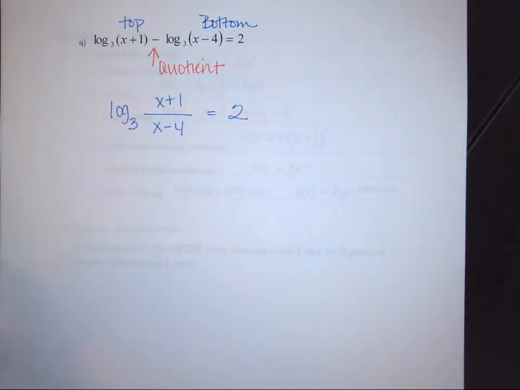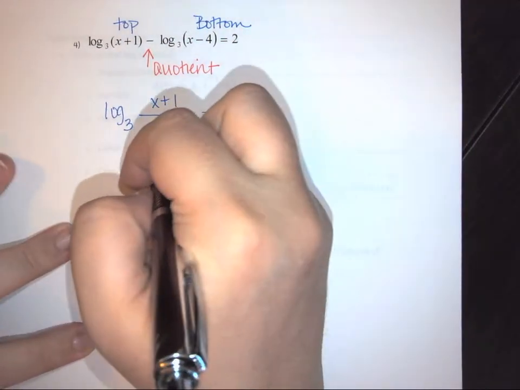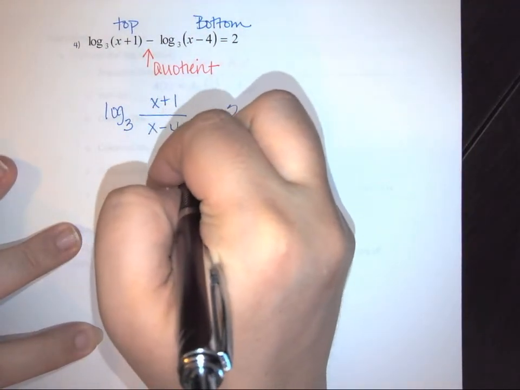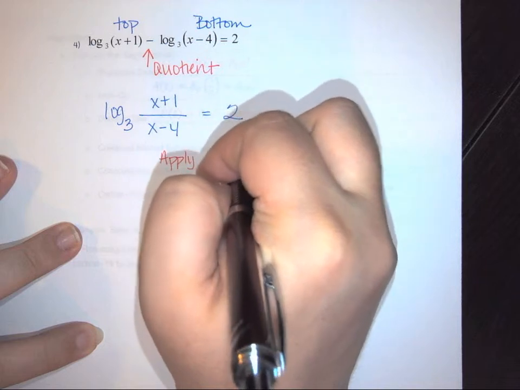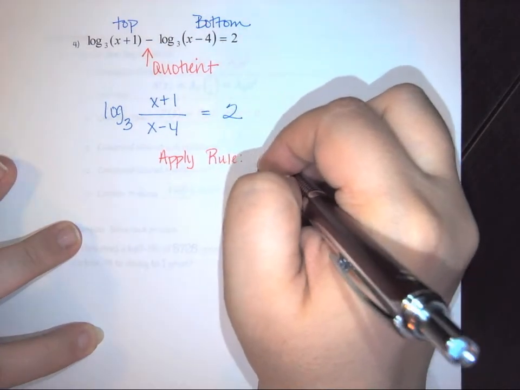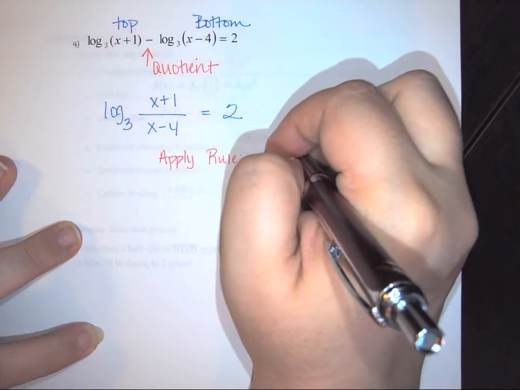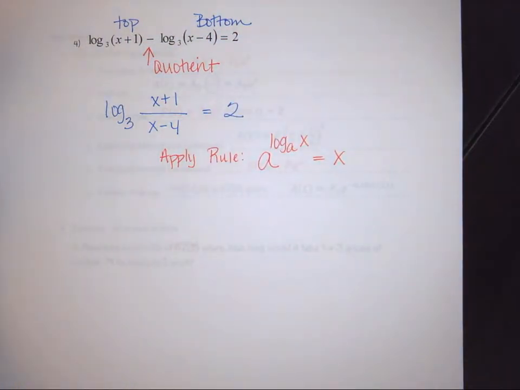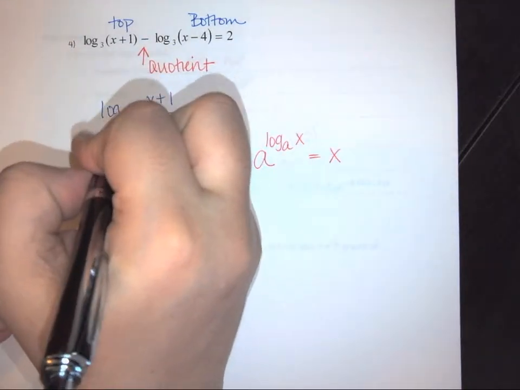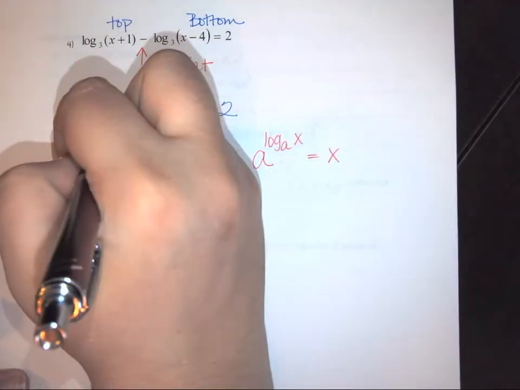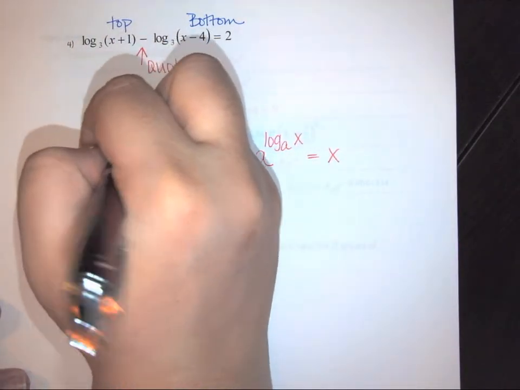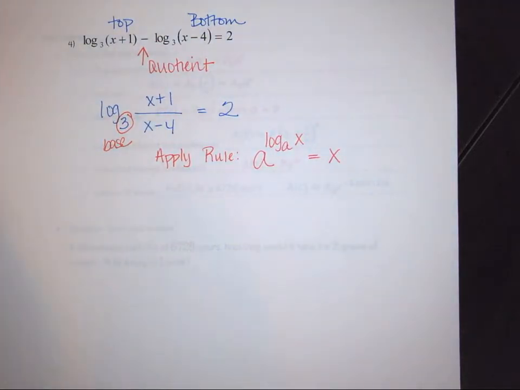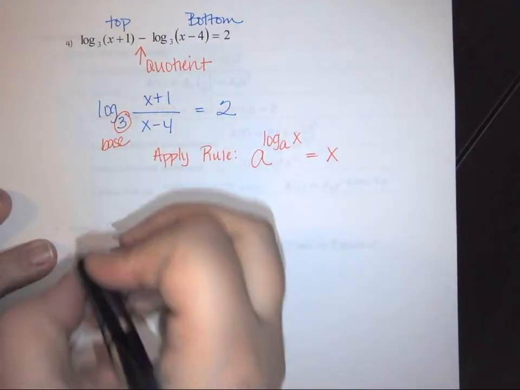Again, I want to apply that fancy rule that says a raised to the log base a of x will give me x as a simplified result. Well, in this case, my base here is 3, so this is your base. So I have to raise both sides into an exponential.